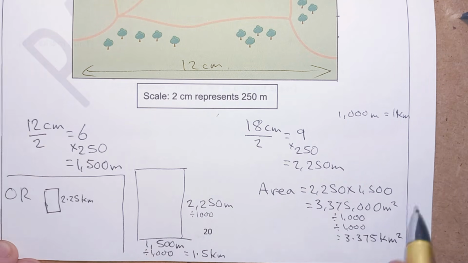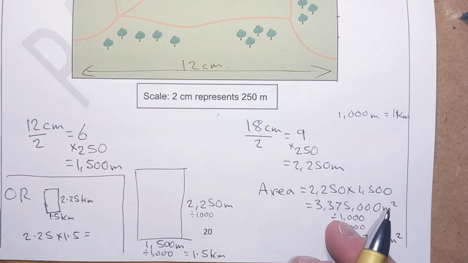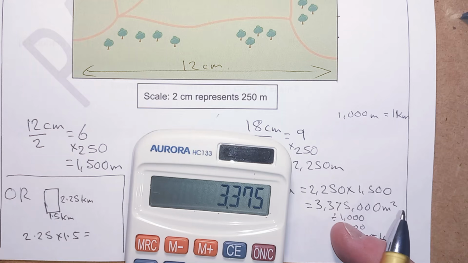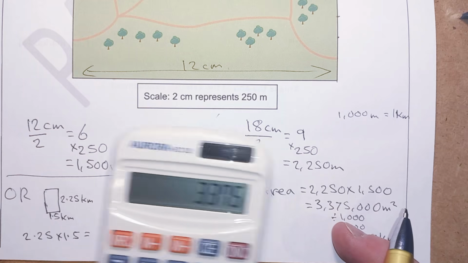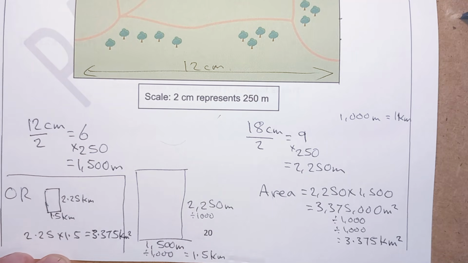So instead of doing this big calculation and then turning it into square kilometres, we can turn our measurements into kilometres first and then just say, well, we want 2.25 times 1.5, or 1.5 times 2.25, which gives 3.375. There you go, same answer.